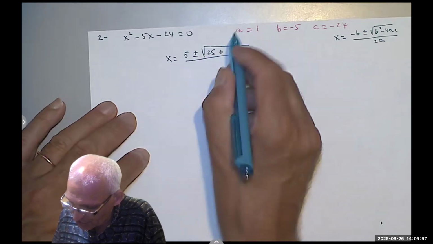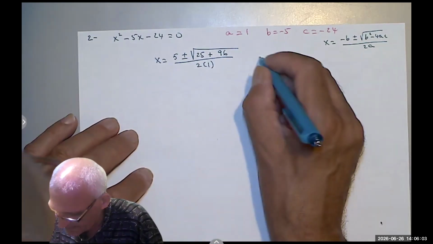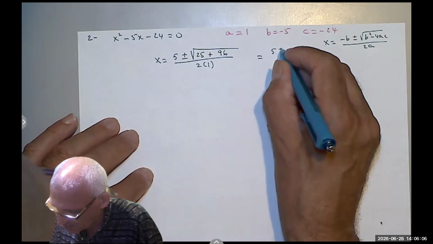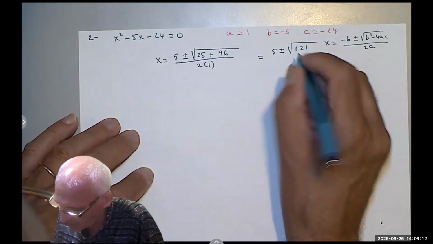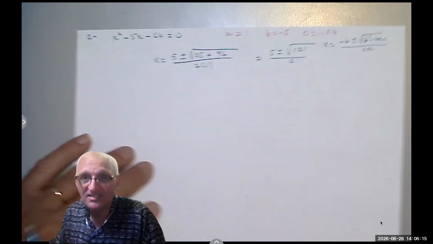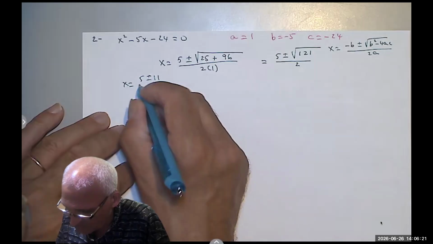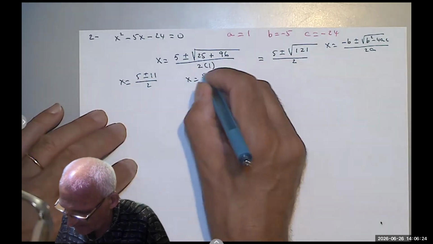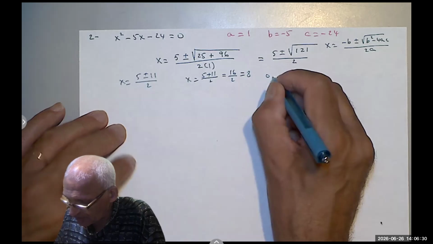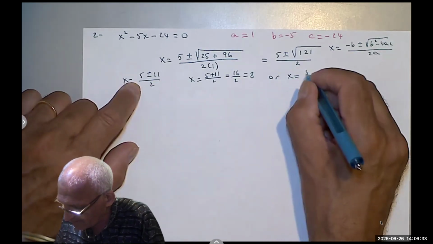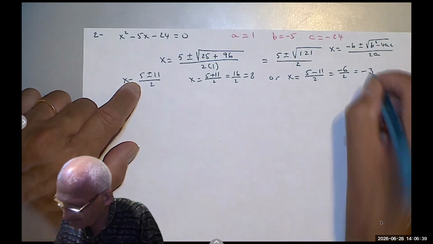Divided by 2 times 1, which is a, so divided by 2. Now this becomes 5 plus or minus the square root of 121, over 2. The square root of 121 is 11. So x equals 5 plus or minus 11 over 2. So x equals 5 plus 11 over 2, equals 16 over 2, equals 8. Or x equals 5 minus 11 over 2, equals negative 6 over 2, equals negative 3.